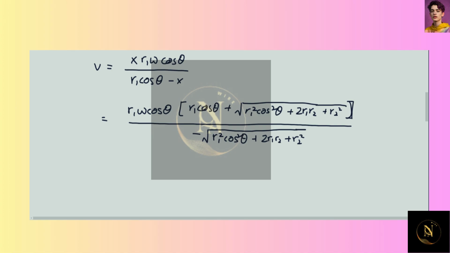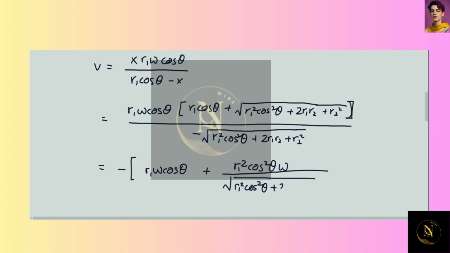Then we continue the algebra. We can take out the minus sign, and you see that there's a term which is the same as the denominator. So you get r1 omega cosine theta as the first term plus r1 squared cosine squared theta omega divided by the square root of r1 squared cosine squared theta plus 2 r1 r2 plus r2 squared.